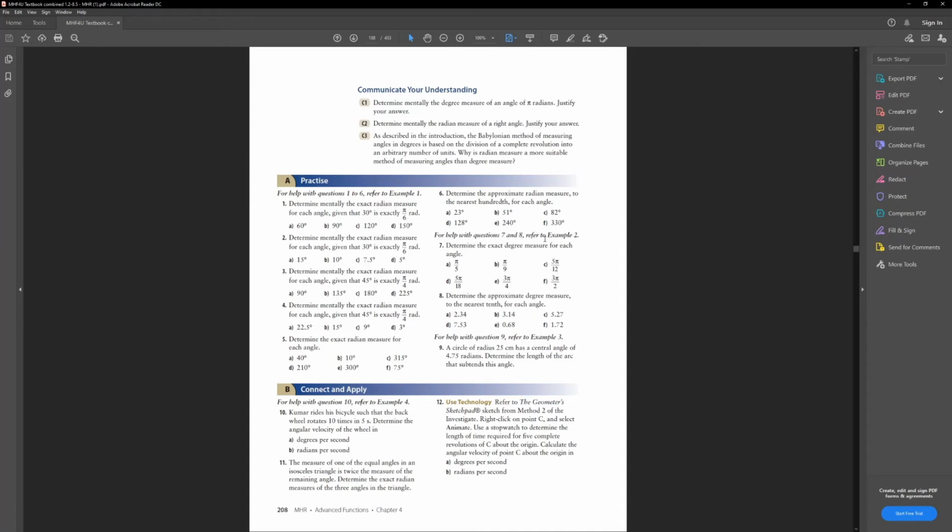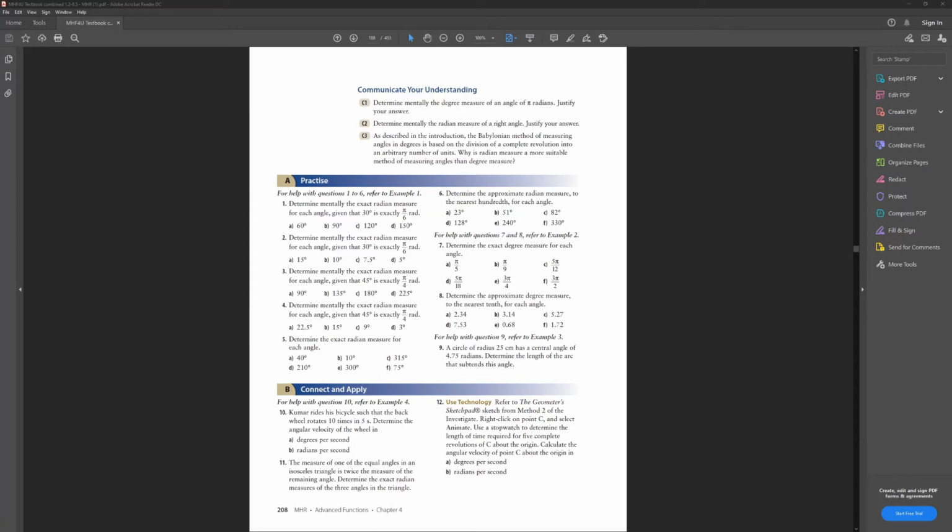For 8, it's asking us to determine the approximate degree measure of all of these. So essentially, what it's saying here is that these measurements are actually in radians, but they don't have pi.